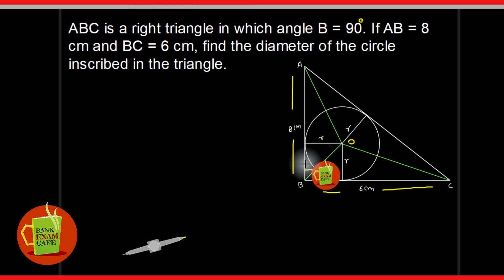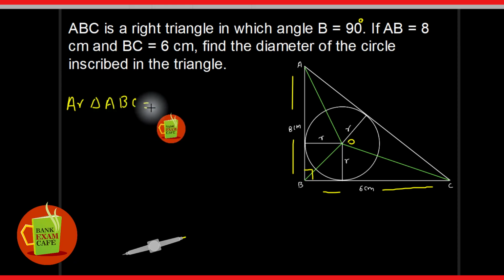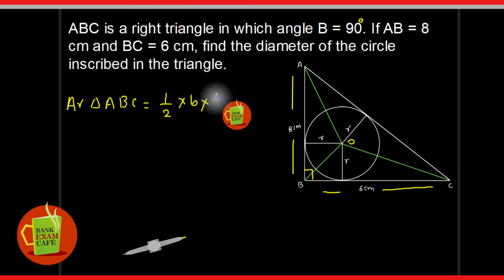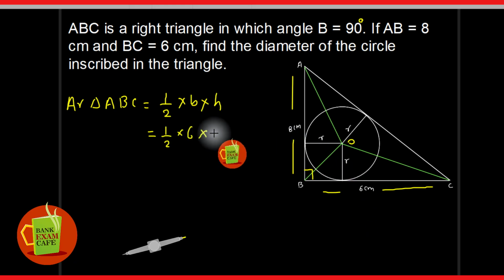So first we will find the area of triangle ABC, which is equal to 1/2 into base into height, which is 1/2 into 6 into 8.